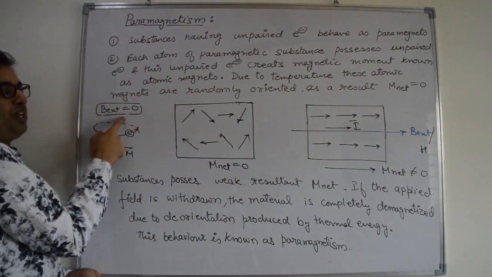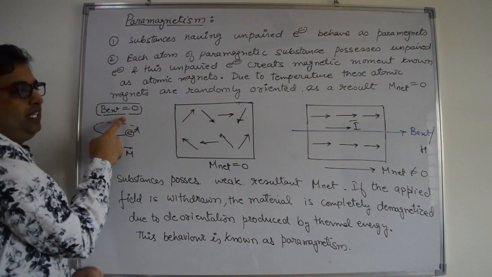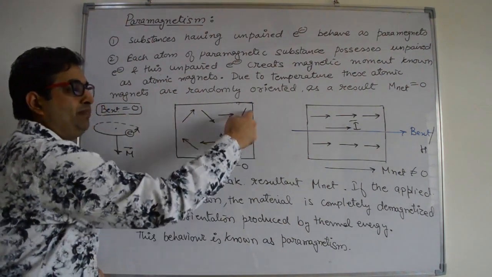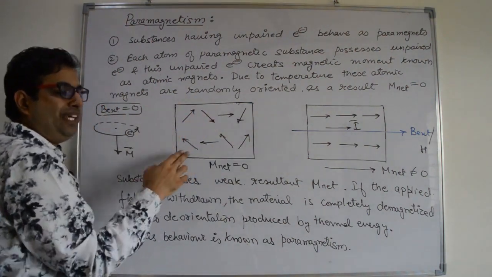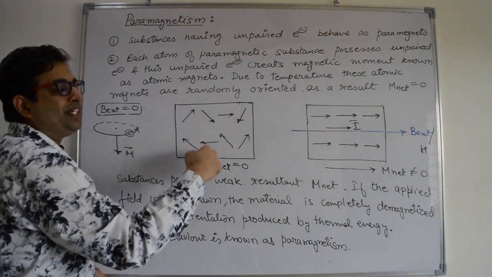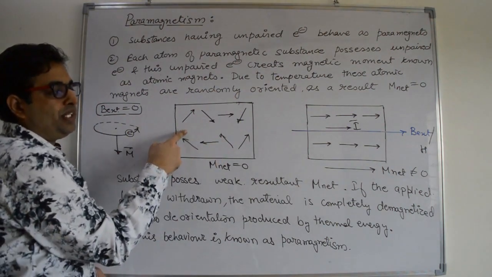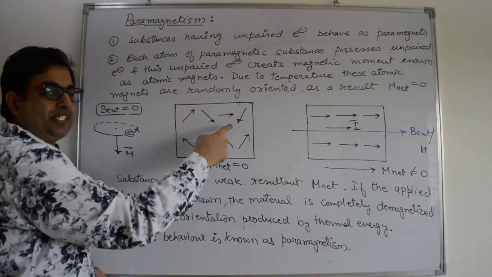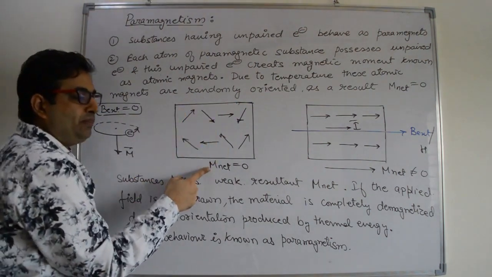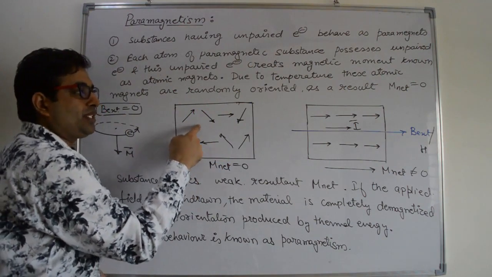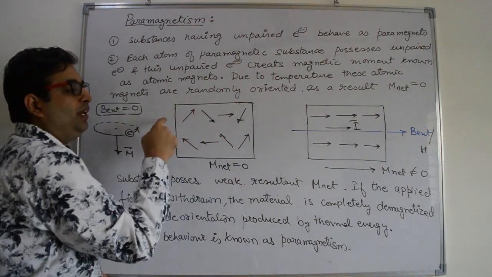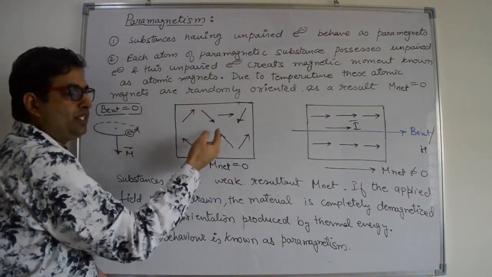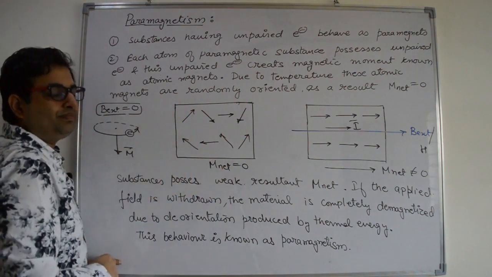In the absence of magnetic field, these atomic magnets are randomly arranged due to the thermal energy, right? Due to the thermal energy, there is no specific direction of these atomic magnets. So net magnetic moment due to this complete system of magnets or dipoles will be equal to 0.